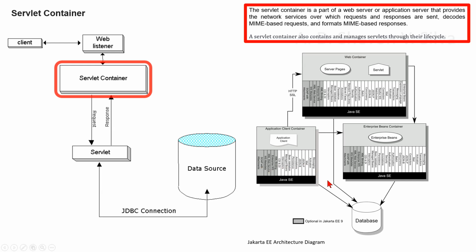All these services are here, and the arrows represent required access to other parts of the Jakarta EE platform. The application client container provides application clients with direct access to Jakarta EE required databases through the Java API for connecting with database systems.